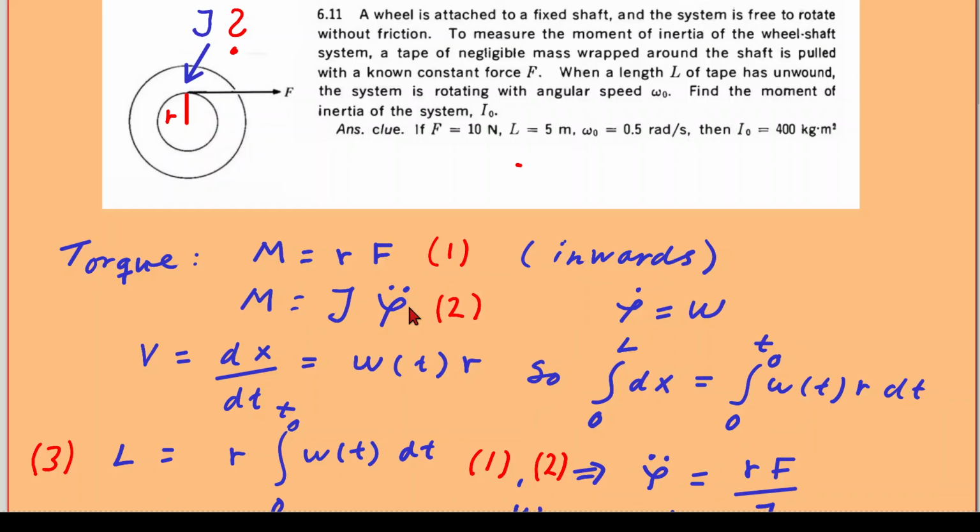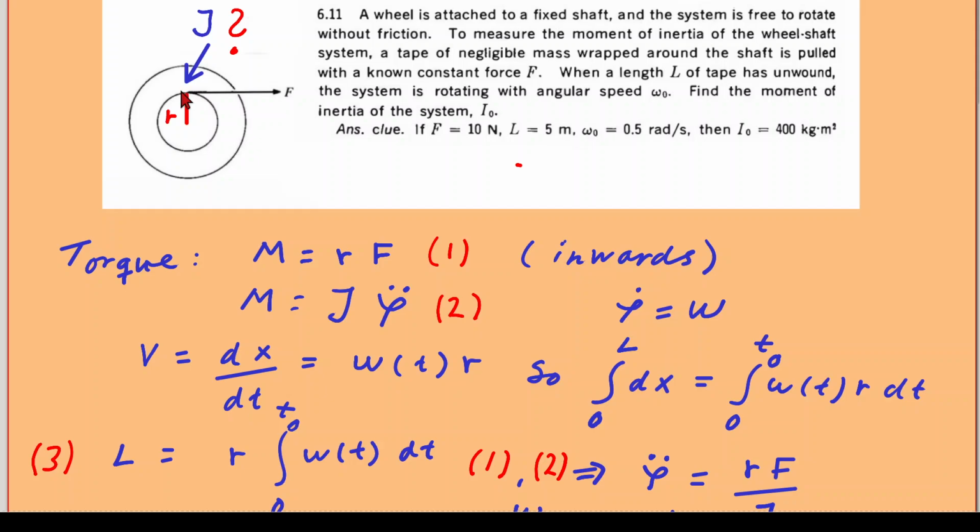phi dot dot. And we know omega, that's just phi dot. And for circular motion, we know that the speed at this point here is given by the formula here: omega times the radius r. But by definition, speed is also dx dt.